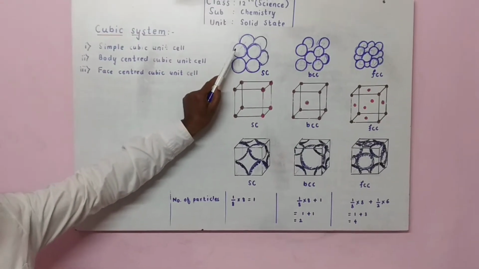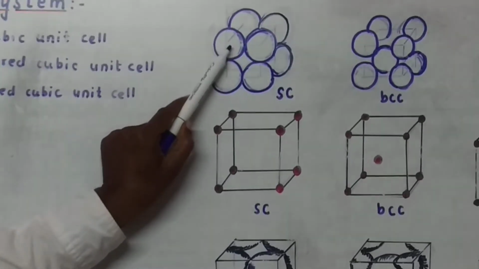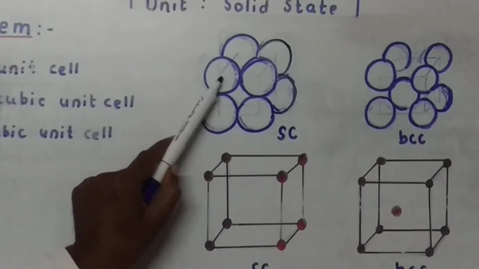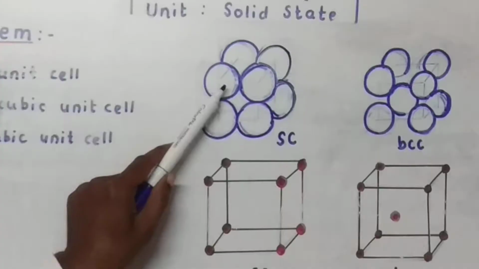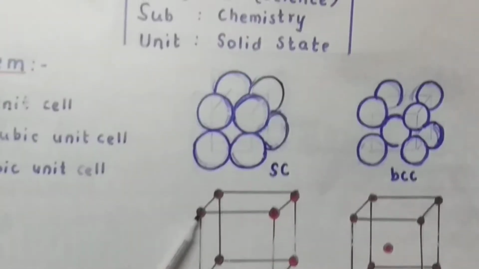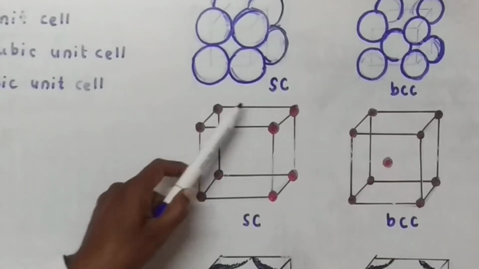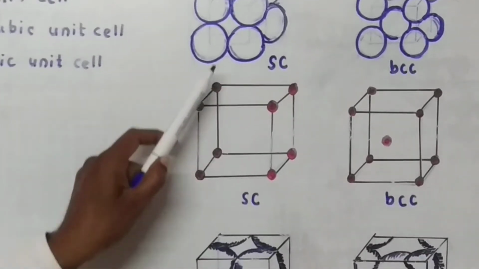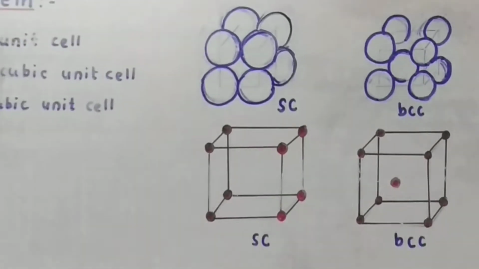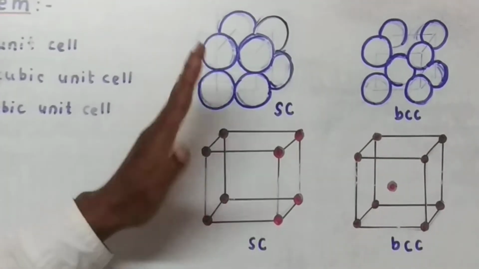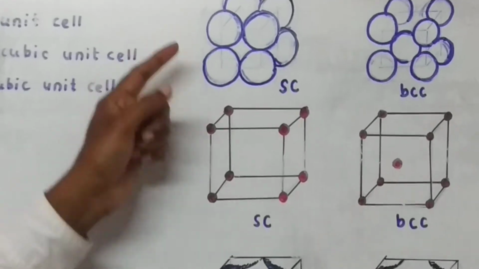Here 8 particles are present which come close together. Actually their 1/8 portion is present at each corner of cube. In this way, the remaining portion will touch with other particles.